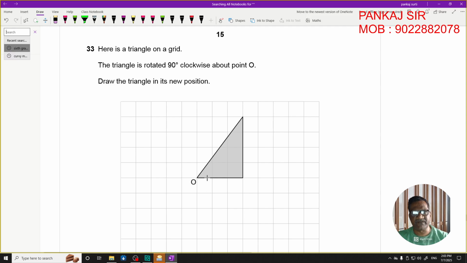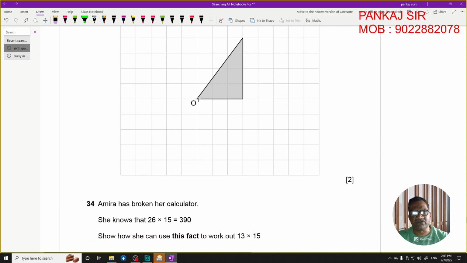So the base, if I rotate by 90 degrees clockwise, the base is covering 3 boxes. So let me cover 3 boxes in the downward direction this way. 1, 2 and 3. Fine. So that's my base.